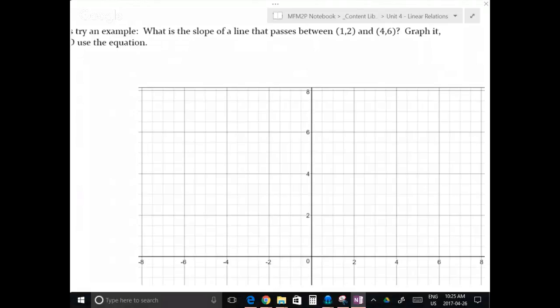Each of these is a half. So the first one, (1, 2): you go over 1. The next one's going to be (4, 6). So 4 over and 6 up. So we're 4 and 6. Does that make sense?